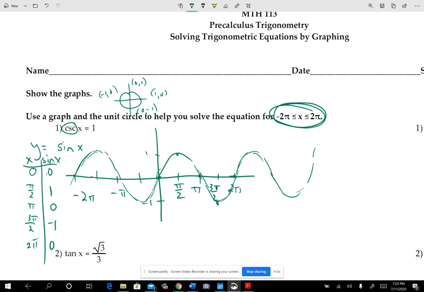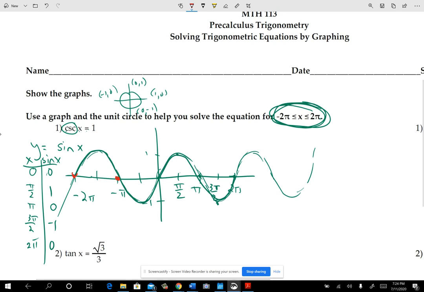All right, and I really wanted to make sure I saw it between negative 2 pi and 2 pi because for these problems, that's what it's asking us to do: find out where cosecant of x would equal 1. So here's the way to think about this. That's sine, and then remember how we do cosecant.